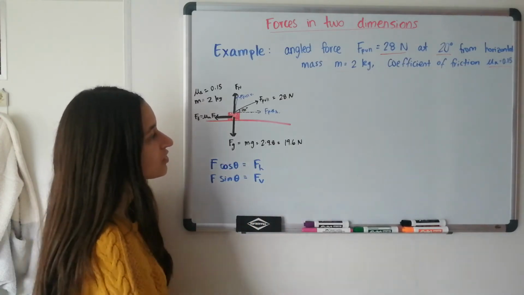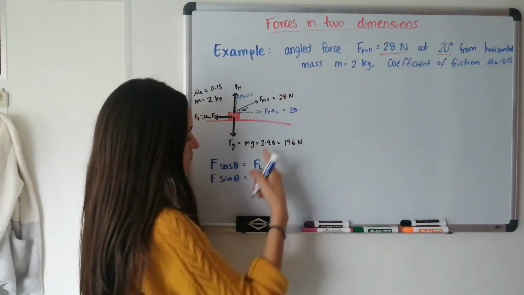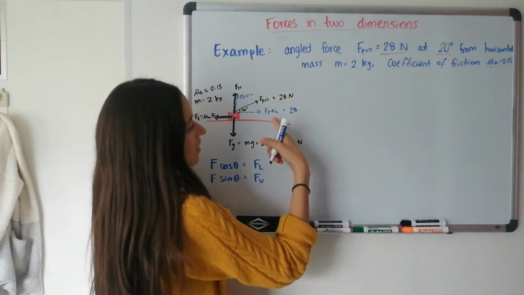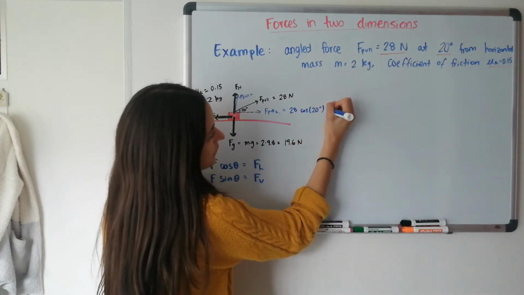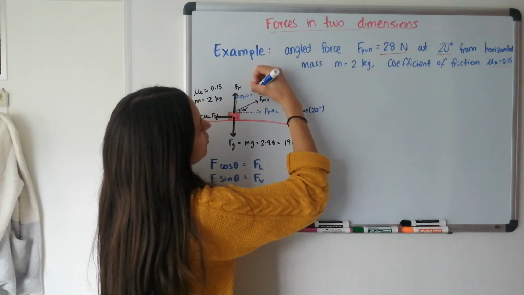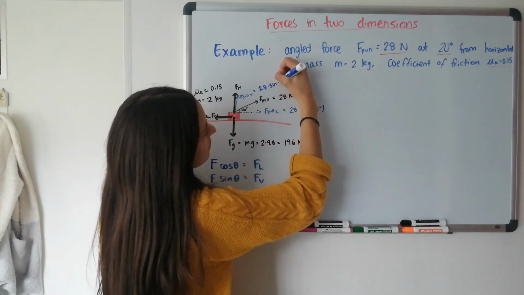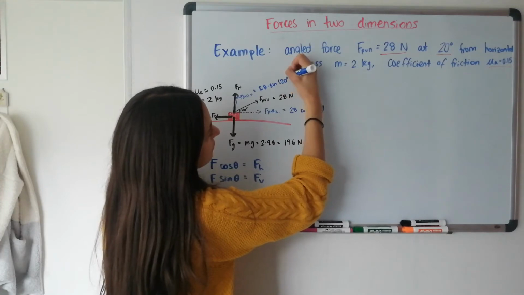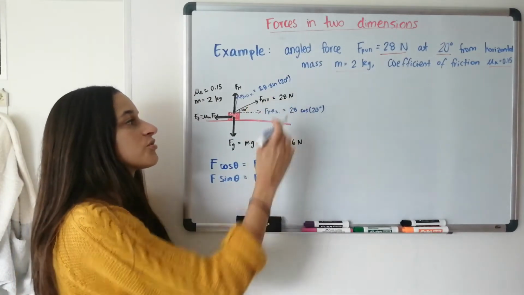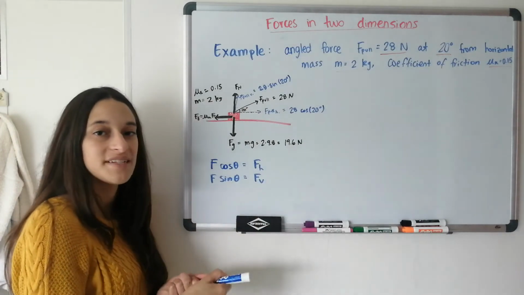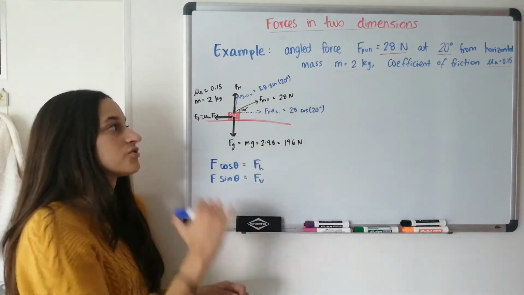So in order to calculate these two, we need to do 28, which is the F, times cosine of the angle 20 for the horizontal, and 28 times the sine of the angle 20 for the vertical. Once we have those two forces, we can ignore the pulling force because we already divided into components and we can forget about it and just use the other two.